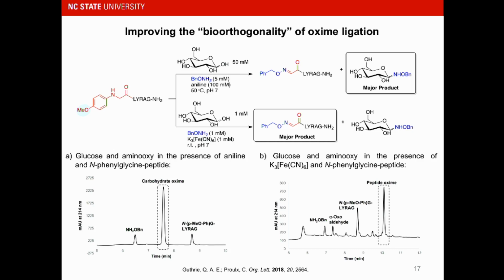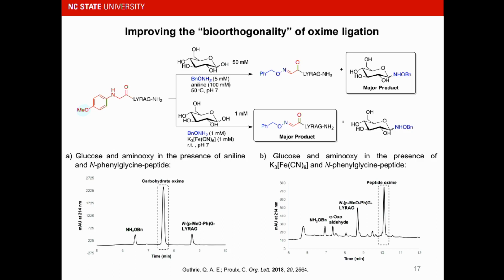And so we did this experiment where in the presence of glucose, we treated it under two different conditions. The first one on top is in the presence of an aniline catalyst, but in the absence of potassium ferricyanide, so that should leave our N-phenylglycinyl peptide untouched, and that's what we see. So we see under these conditions, major product formation is the oxime under your carbohydrate.